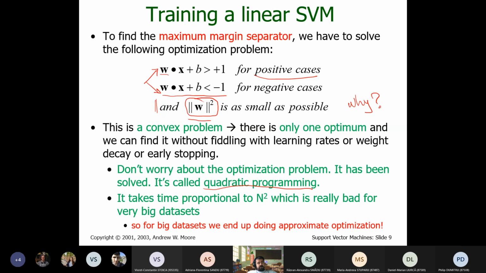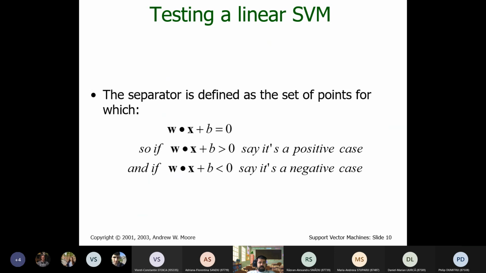This means that if we have huge data sets, then n squared will be too large, and therefore for these large data sets, we will end up doing approximate optimization. So we will not use quadratic programming. We will use, I don't know, gradient descent, probably. So that was about training.